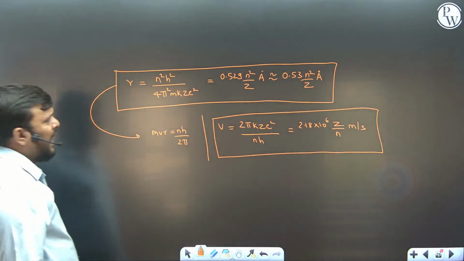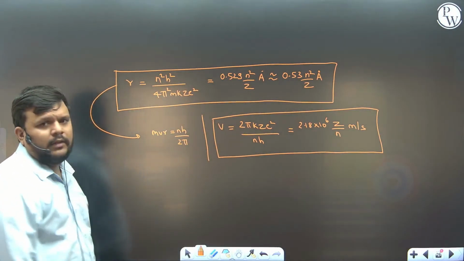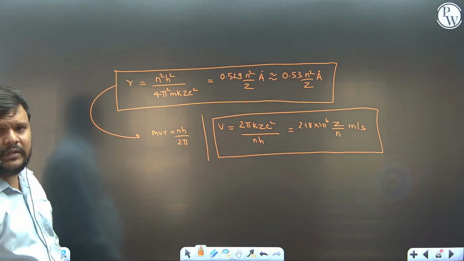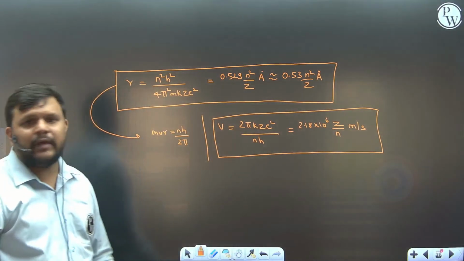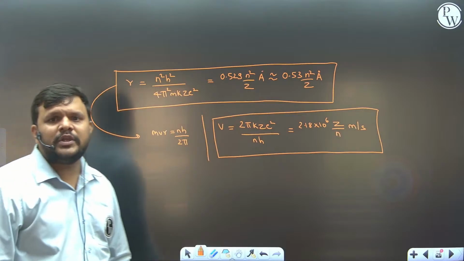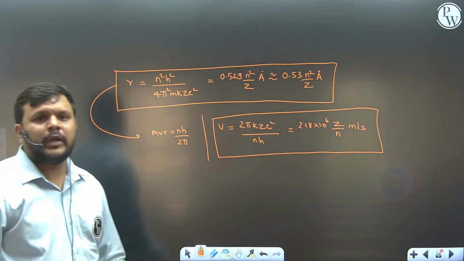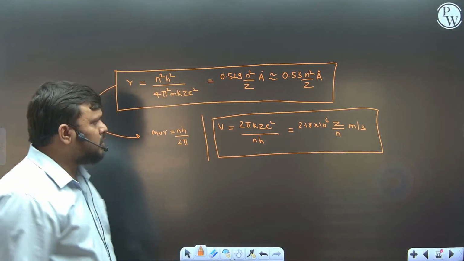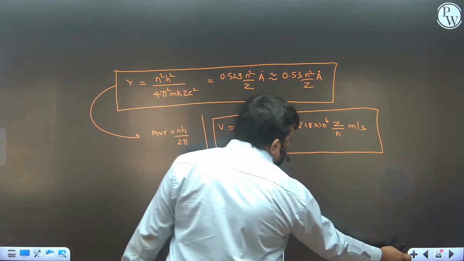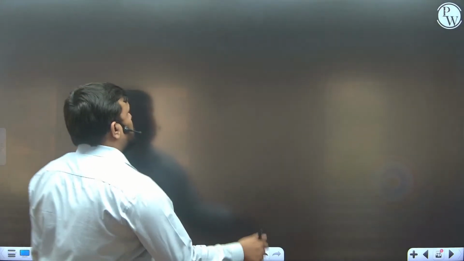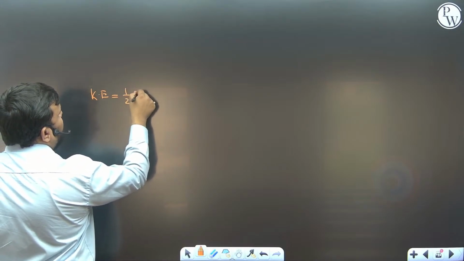So by having radius and velocity, we can have different calculations. We can have the potential energy calculation, we can have the kinetic energy calculation, we can have the total energy calculation. So all these formulas are very important for us. So by having calculation, definitely you can go for the derivation. Kinetic energy is equal to half mv².